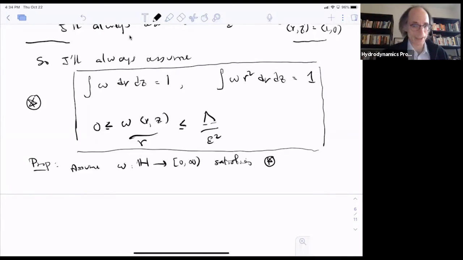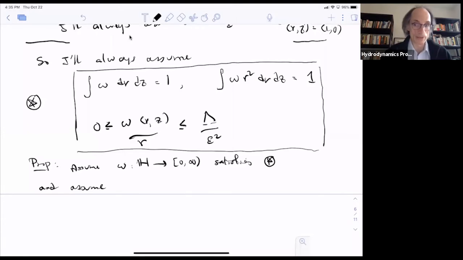Everything's always measurable in this semester. And assume, and so here's the key point, and again, we know from the previous theorem, which I've stated without proof, that if I maximize the energy subject to these constraints, the maximizer exists if epsilon is small enough.